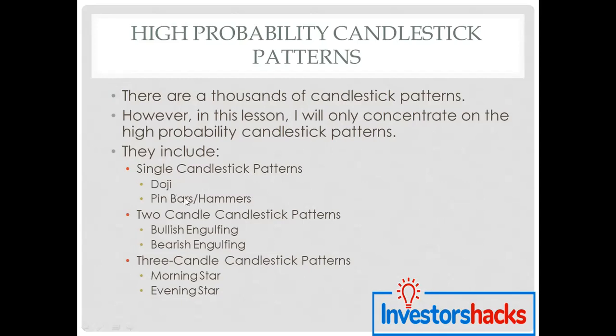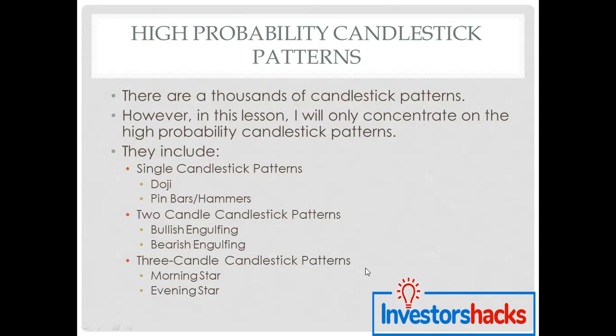We have the pin bars, or what we call hammers. In the two candlesticks patterns, this means that there will be two candlesticks that together combined form a particular pattern. And here we shall look at bullish engulfing and bearish engulfing. Then we have three candlesticks patterns. Here we have the morning star and the evening star.